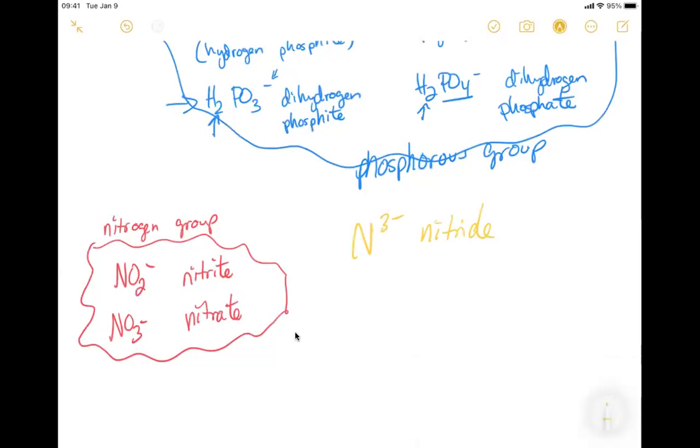Normally, I would emphasize the D and say nitride, right? Because it comes straight from the element nitrogen when it's an ion. And there's a big difference between that and nitrite, which is NO2 minus. So it's important to distinguish between those two. So last week, when somebody used nitrate, I was like, nope, because that's a totally different formula.